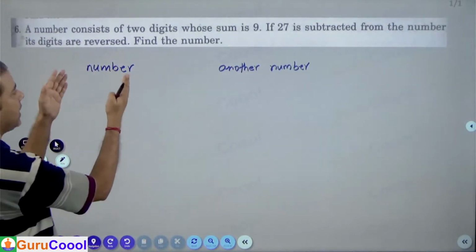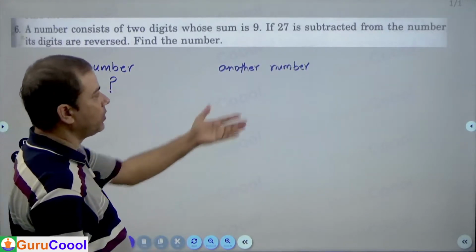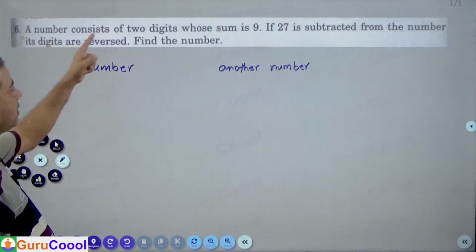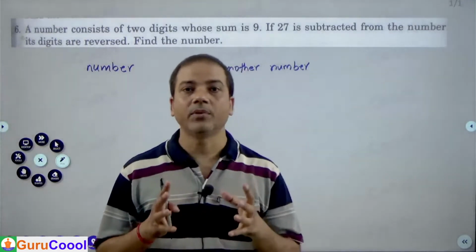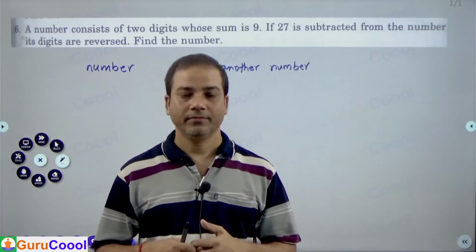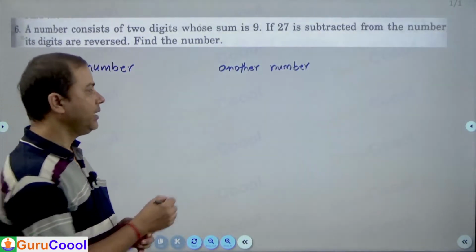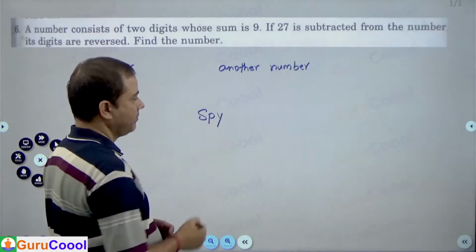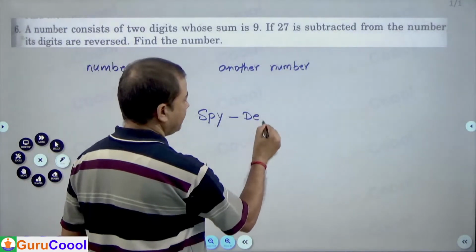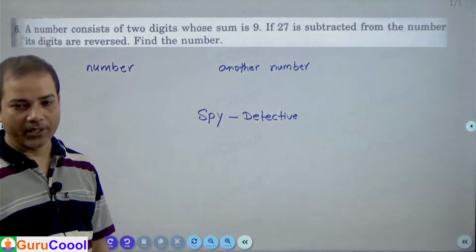So let us first find out the first number. What is the first number? We don't know. And that's why we also don't know what is the other number. Question is giving us some clues. We are now detectives. A detective and a spy are similar, right?